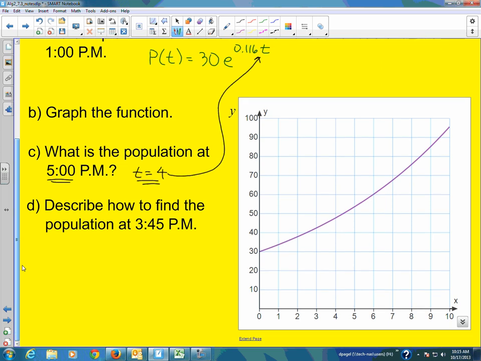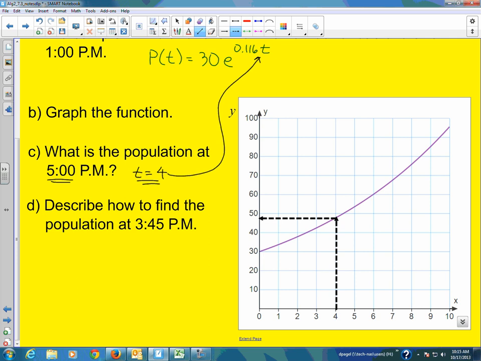Well, we could graphically represent this. So we have a value of t equals 4, and here it is right here. T equals 4, and I go up and I meet my graph, and from that point I would project over horizontally, and then I would determine, it looks to be about 48 if we were to guess.